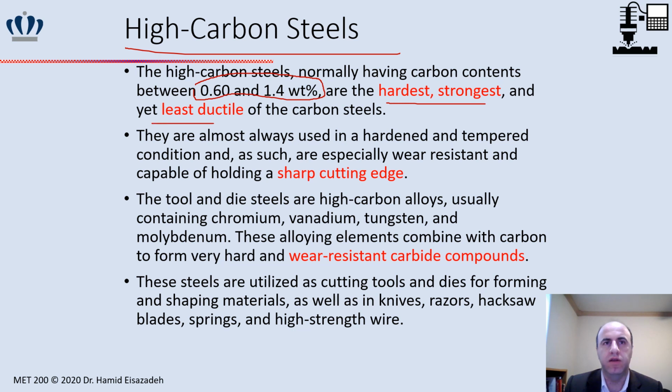These steels have the least ductility among carbon steel because of their high strength and hardness. They can be used as a sharp cutting edge because of, again, the high amount of carbon in these alloys. We can use them as a tool and die, and they can have high amounts of carbon, chromium, vanadium and tungsten. Some examples of application of this steel are knife, razor, hacksaw, blades, spring, and higher strength wires.